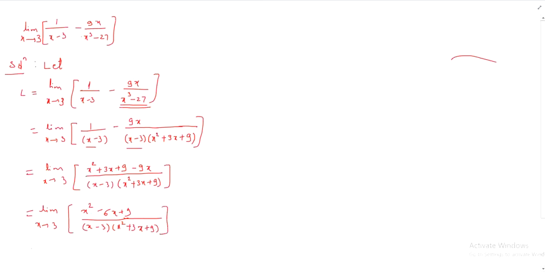Now the numerator is factorable, so to factorize it, let us consider limit x tends to 3, and the factors will be x square minus 3x minus 3x plus 9 upon x minus 3 into x square plus 3x plus 9.